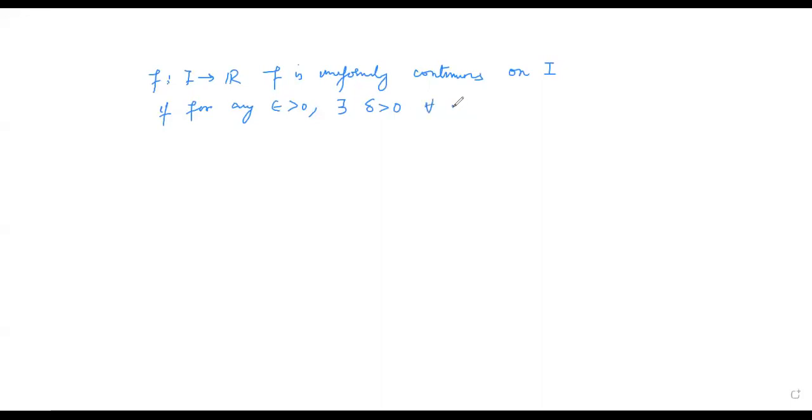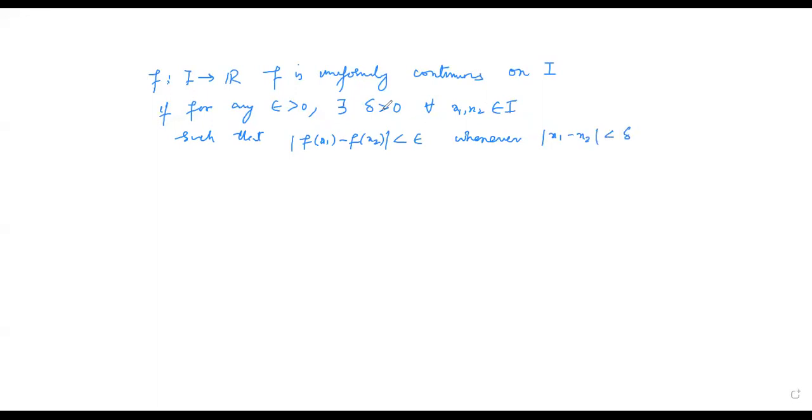Okay, anyways, so we defined: f is a function on an interval I to R. f is uniformly continuous on this interval I if for any epsilon positive there exists a delta positive such that for all x1, x2 belonging to I, |f(x1) - f(x2)| is less than epsilon whenever |x1 - x2| is less than delta.